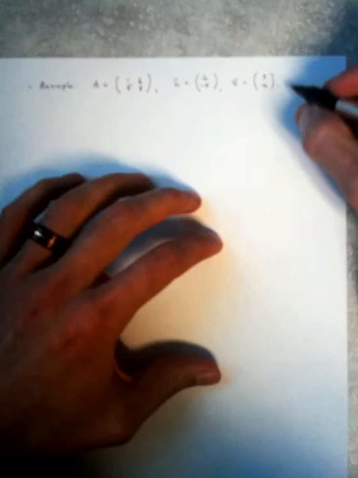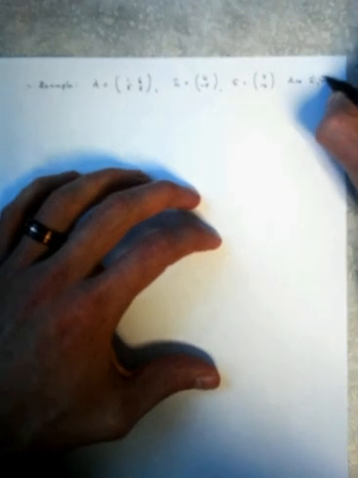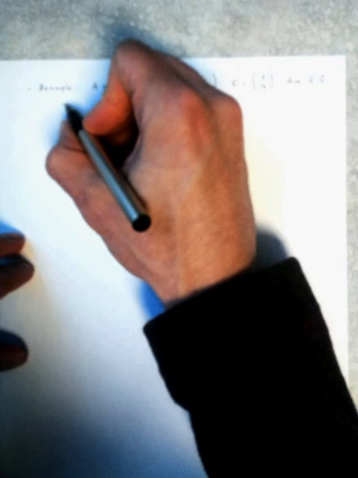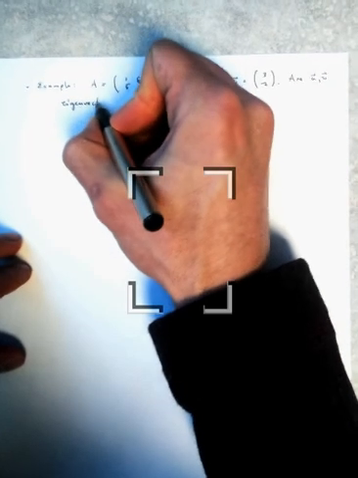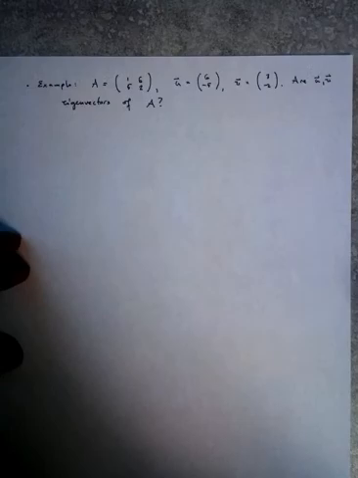Okay, so I want to know if U and V are eigenvectors of A. Okay?